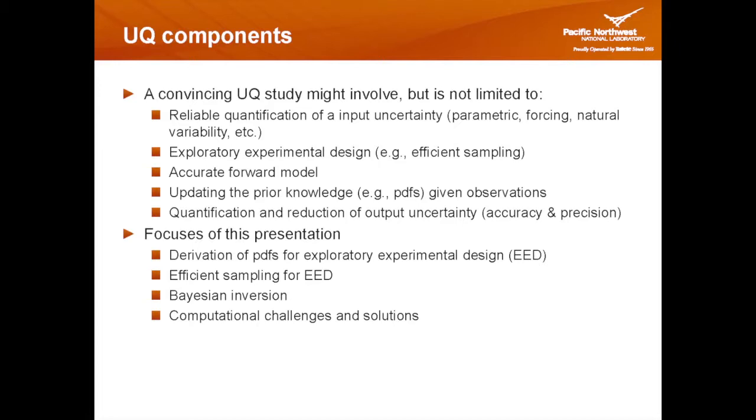And then you have an accurate forward model. In our case, we have a really accurate model. Really nothing different will happen. And update our prior knowledge. So we have an uncertainty description. We want to update and improve it, given observations, given some indirect observations. And then we want to quantify and reduce the output uncertainty.